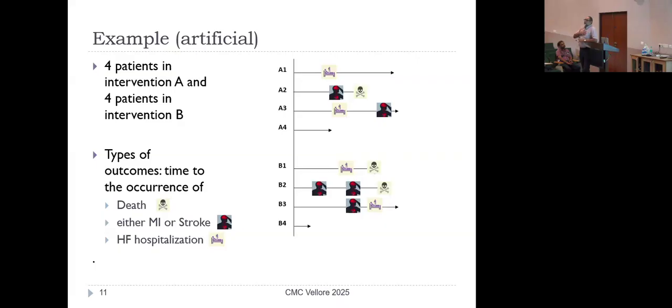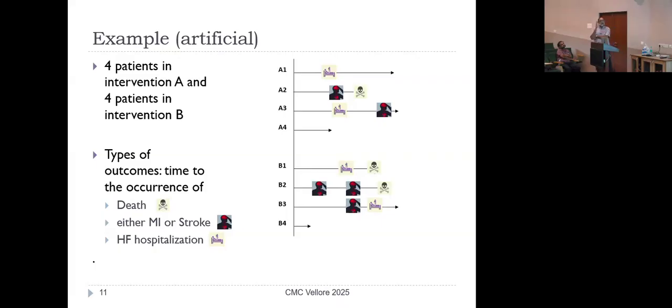So they're holding his heart and holding his head is the MI or stroke. And then you have heart failure hospitalization, or you have death. Okay? And so I have artificially created 4 patients in intervention A and 4 patients in intervention B. And I'm interested in survival, right? So it's time to an event.